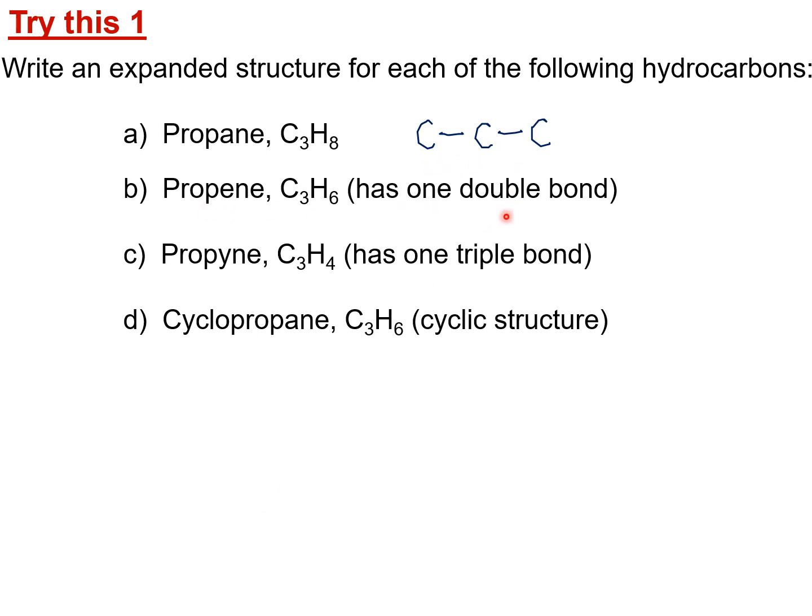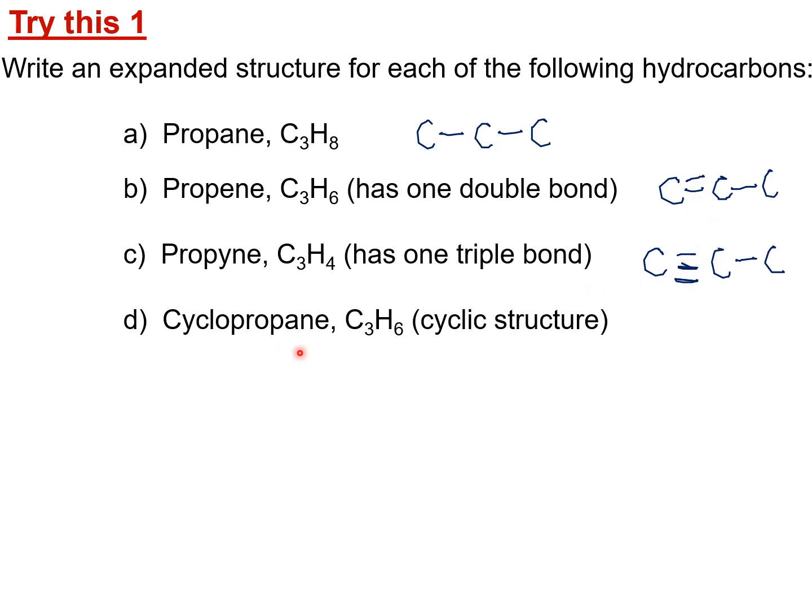Kalau propene dia akan ada 1 double bond tapi dia ada 3 carbon. 1, 2, 3. Cuma one of them akan ada 1 saja double bond. Kalau propyne ada triple bond kat situ. Yang lagi satu ni single bond. Okay, tak kisahlah kedudukan dia sebab dia tak spesifikkan pun.